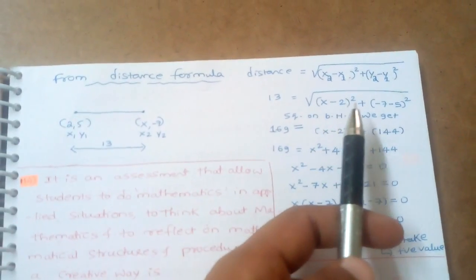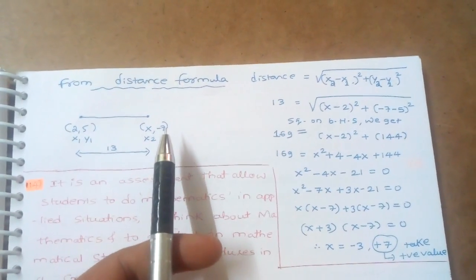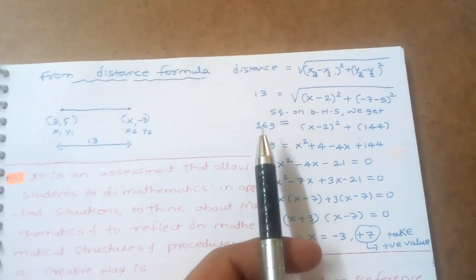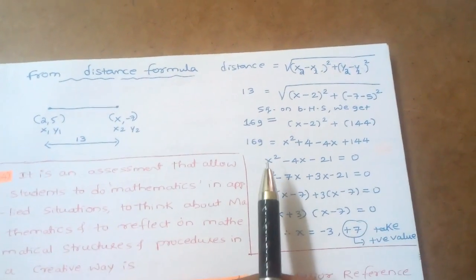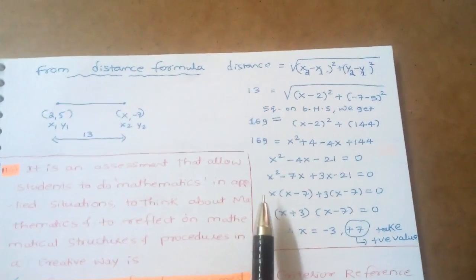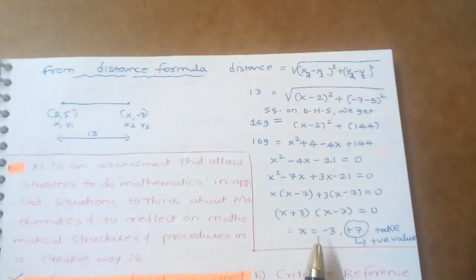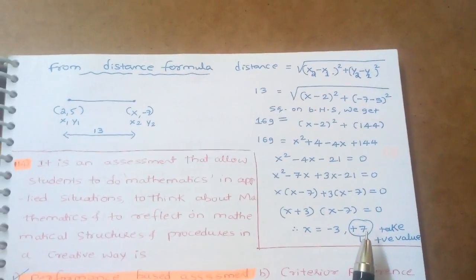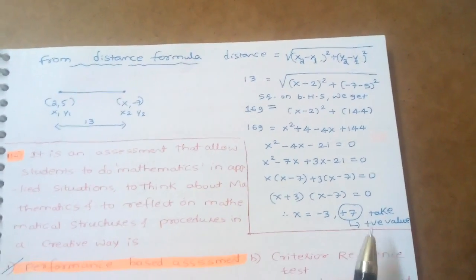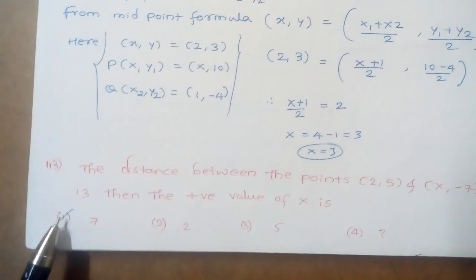So x minus 2 whole square plus minus 7 minus 5 whole square. On squaring both sides we'll get 169 is equal to this much value. On solving we'll get x square minus 4x minus 21. On finding the roots, we have minus 3 and plus 7. We have to take the positive value because they asked for the positive value. So its answer is plus 7. So it's option A.